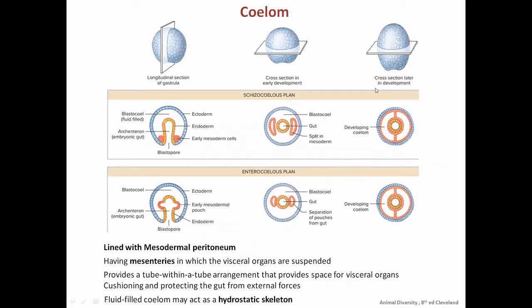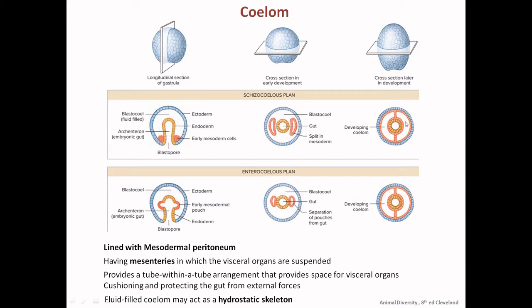So that coelom is discussed further here, the one I have discussed earlier. There is a mass of cells found in the blastopore area. They move toward the center of the body, and a cavity is formed in between, and then a coelom develops.